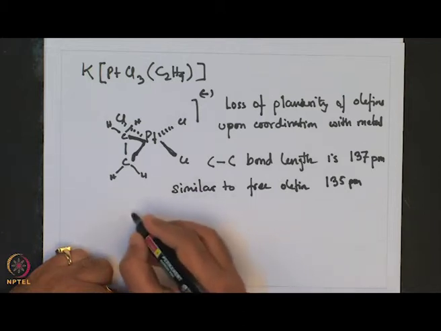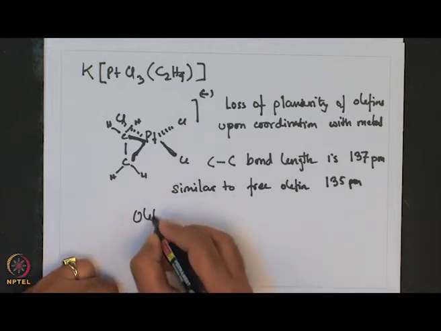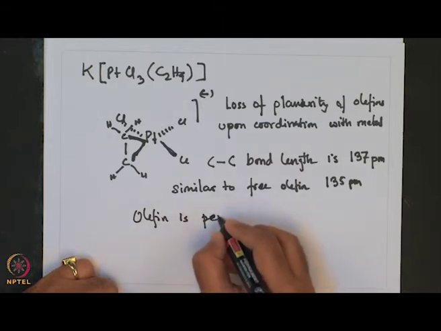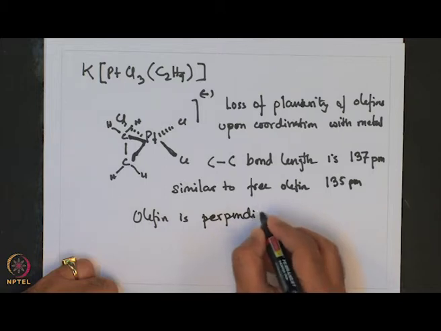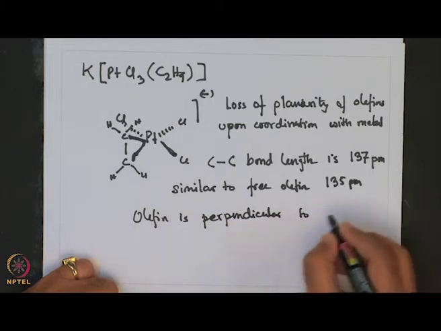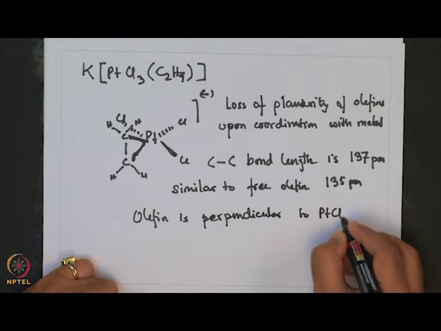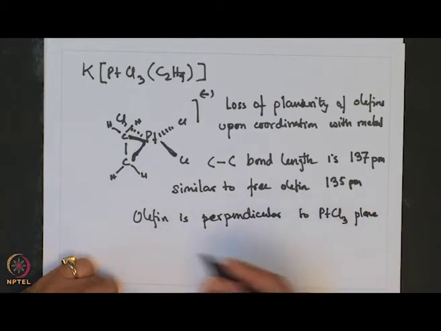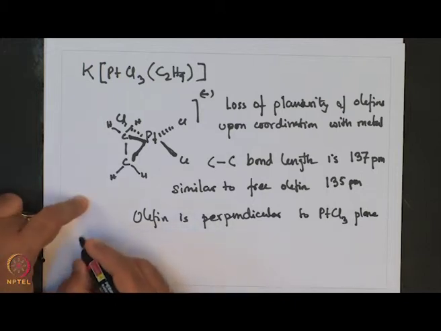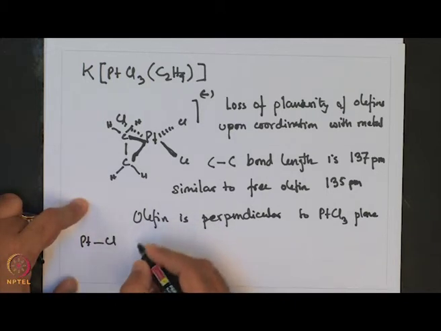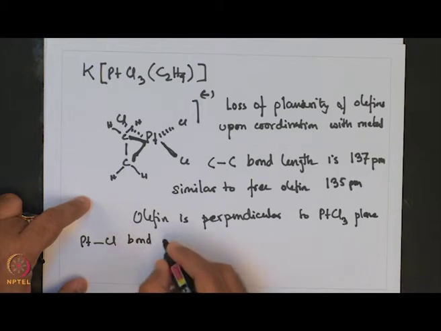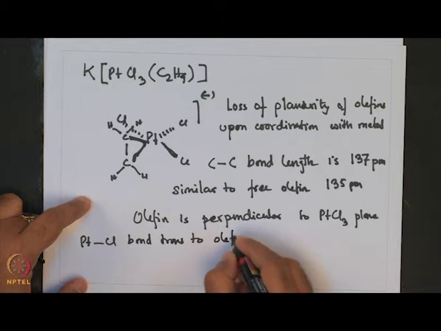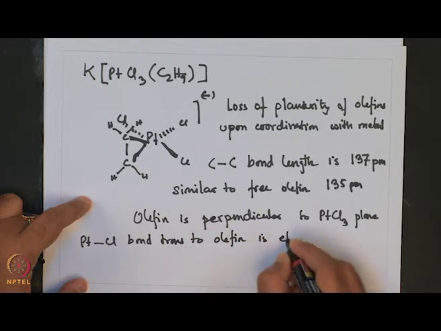The structure also says that olefin is perpendicular to the PtCl3 plane, and because of this trans effect, the Pt-Cl bond trans to olefin is elongated.